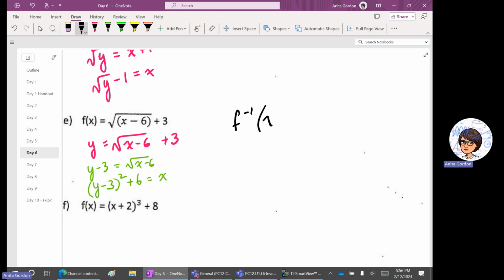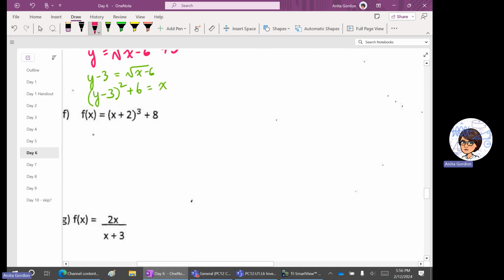My inverse function here is going to be (x minus 3) squared plus 6. Right? So here, instead of being shifted right 6 and up 3, I am shifting right 3 and up 6. I'm inverting the transformations that I'm doing.